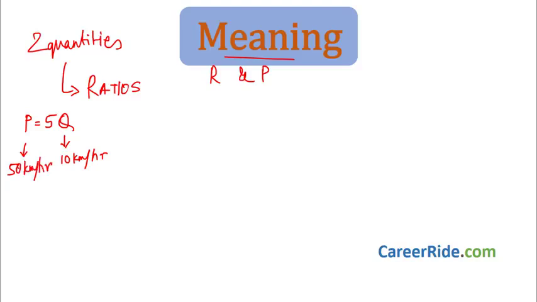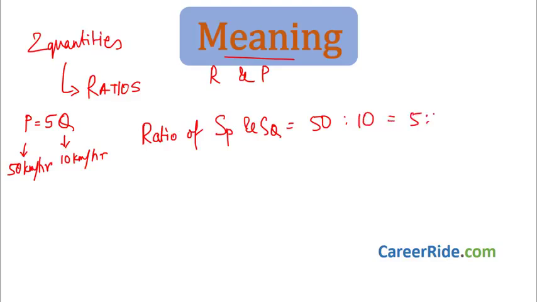So when we are comparing the speeds of P and Q, the ratio of speed of P and Q is simply given by the speed of P, 50, and the speed of Q, 10. That would be equal to 5:1.